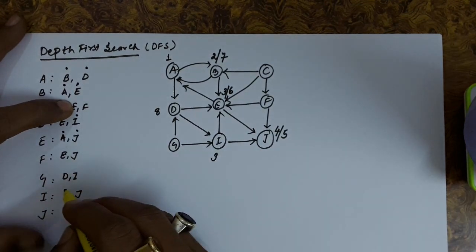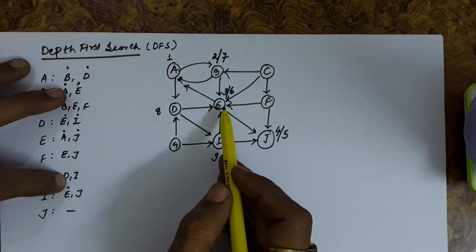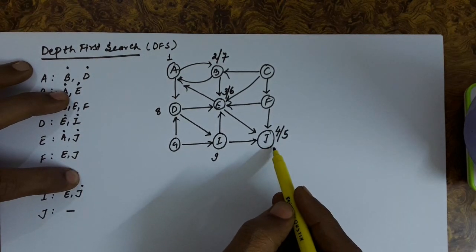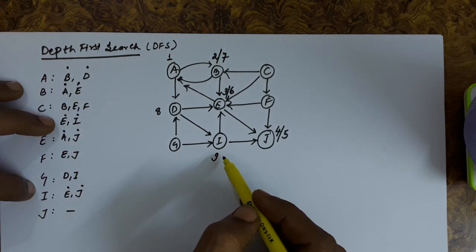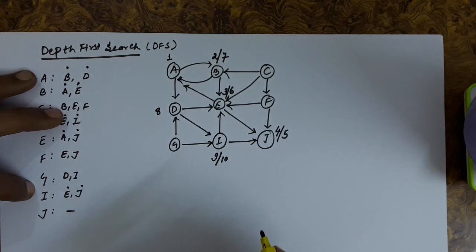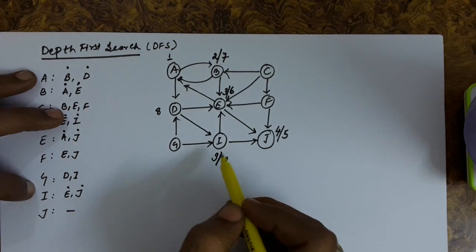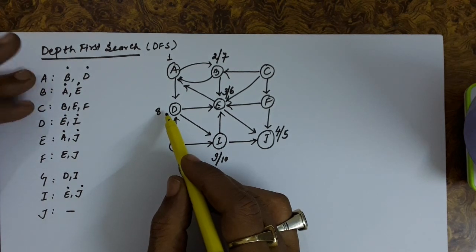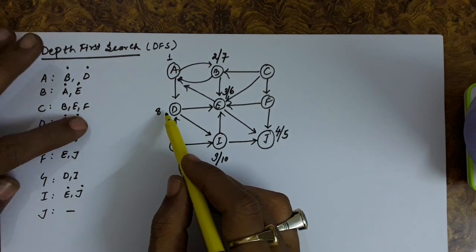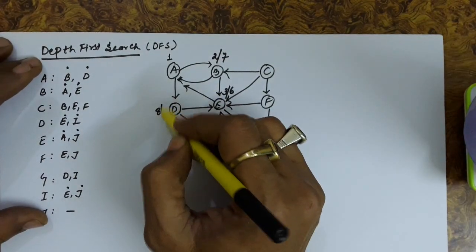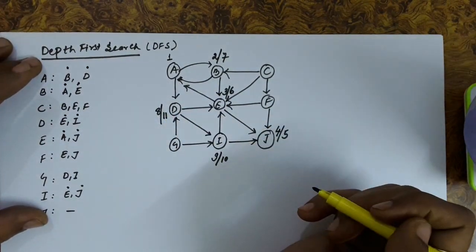Now see the connections from I. It is E, which has already been explored, and J, which has also been explored. So we can finish I because we cannot go any further from I. So 10 is the finish time set for vertex I. Now I was explored from D. Let's see the connections from D. Both connections from D, E and I, have been explored, so we can now finish D at 11.